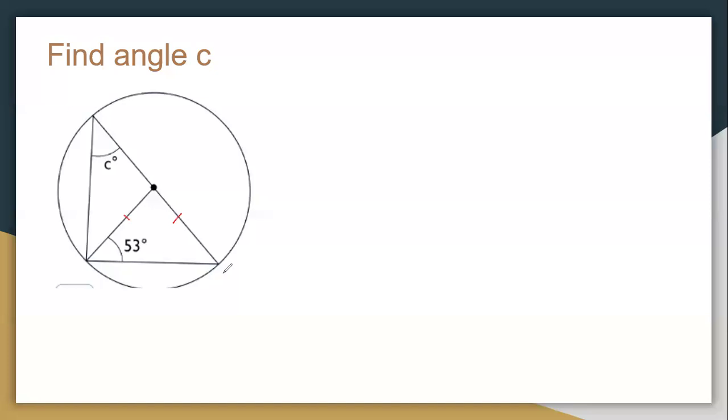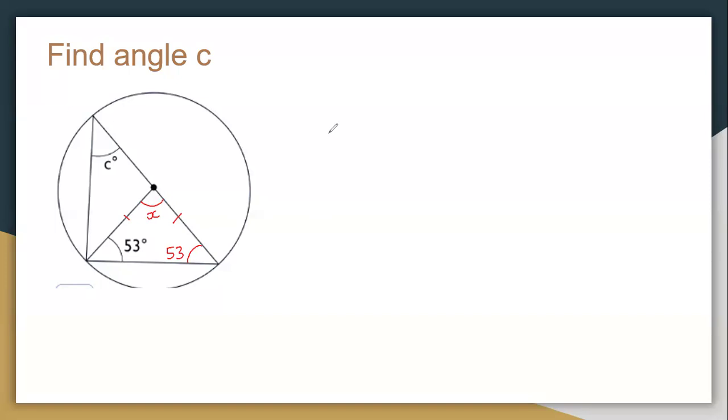So that shows us that this angle is also 53 degrees. And so we label the one up maybe X. Okay, so we are going to first find X.